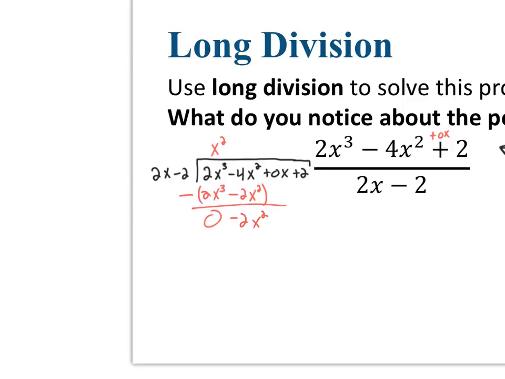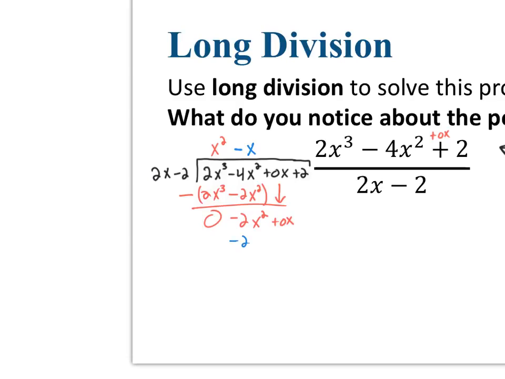When we finish that problem, we bring down the next term, plus 0x, and we can move on to the next one. I'm going to switch colors. So I'm thinking, what times 2x gives me negative 2x squared? If I need a negative, it's got to be a negative something. Negative 1x. So it's kind of a guess and check game.